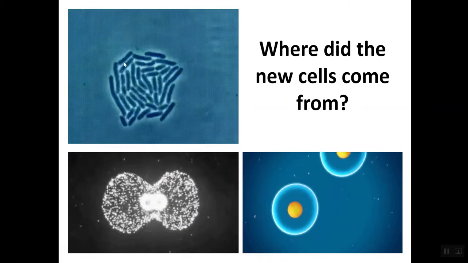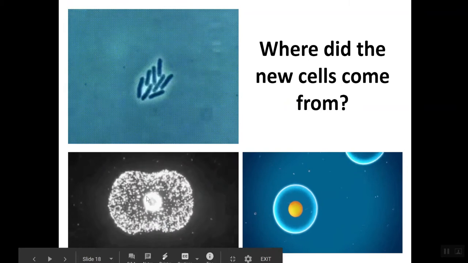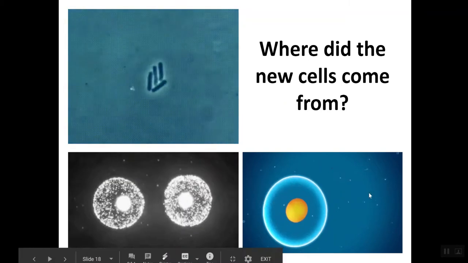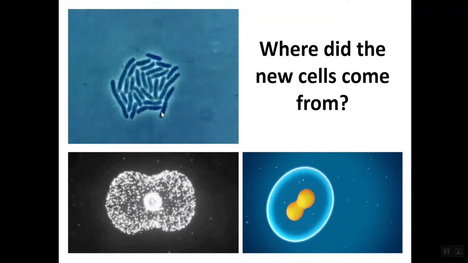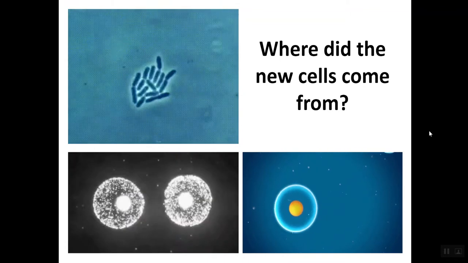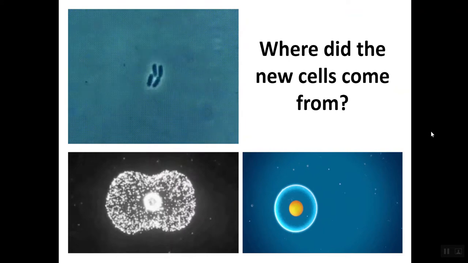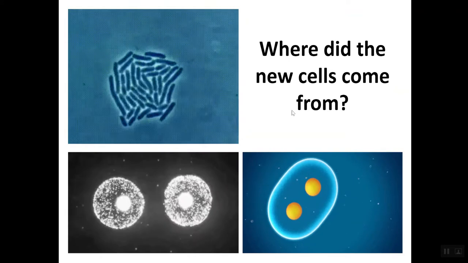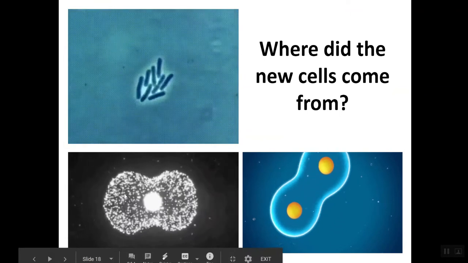Where did the new cells that are showing up in these photos, the new cell that created the two, these are replicating really fast, where did they come from? All right, so those cells all came from an originating cell.